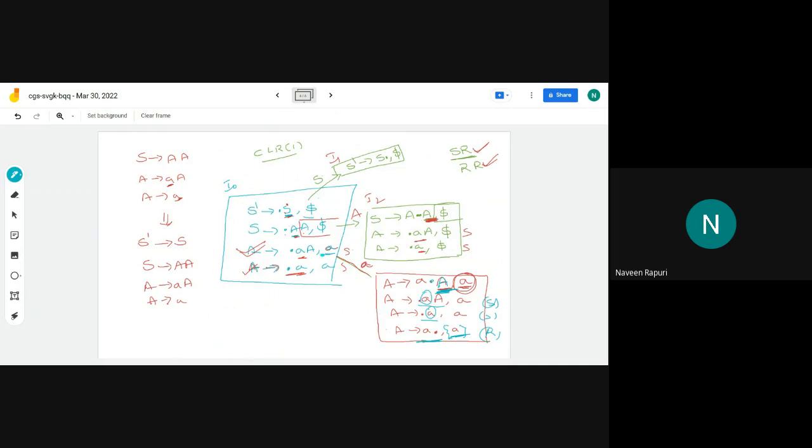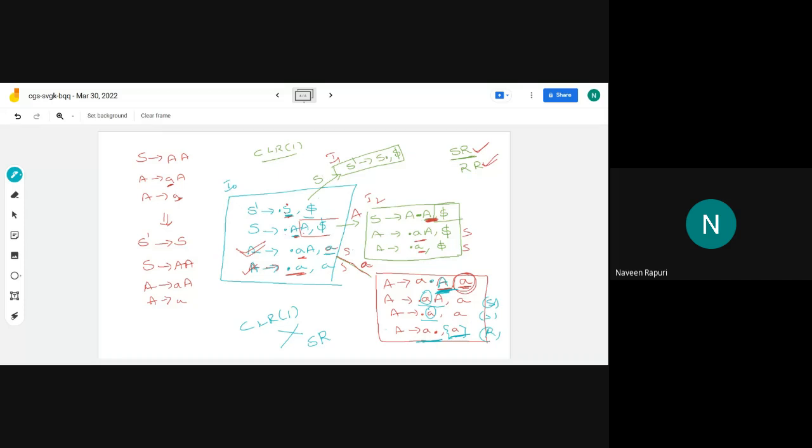So we can say that this is not a CLR1 grammar, because there is an SR conflict, a shift reduce conflict. Along with that, the shift symbol is matching with the look ahead symbol of the reduced production.